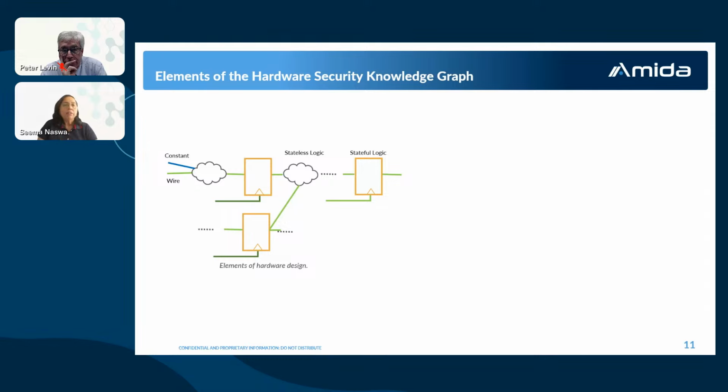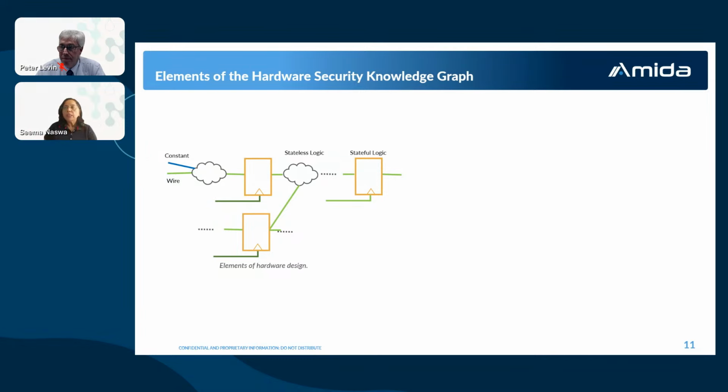Now, first, let's take a look at the basic elements of hardware design at the RTL level. RTL typically has some stateful elements, shown here as the orange blocks. These are the elements which can store and remember their state, and they are scattered all over the design and connected by dense clouds of logic, which are combinational elements that cannot remember their state.